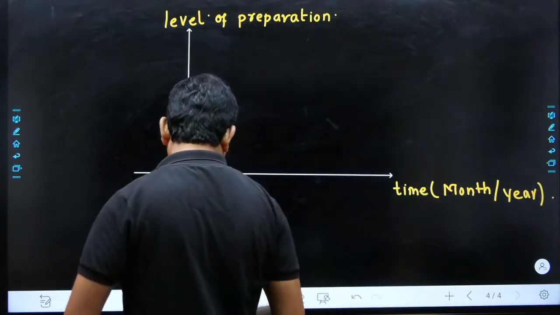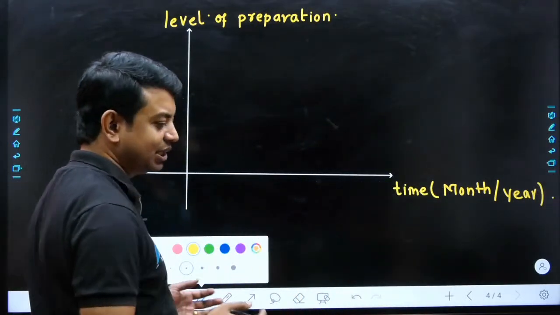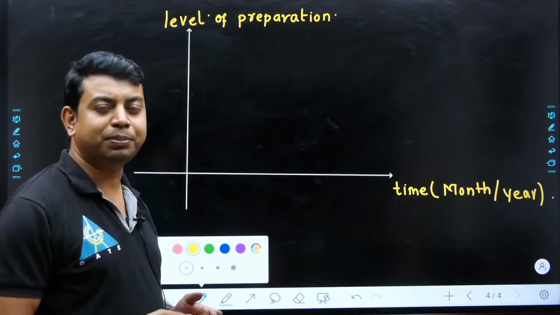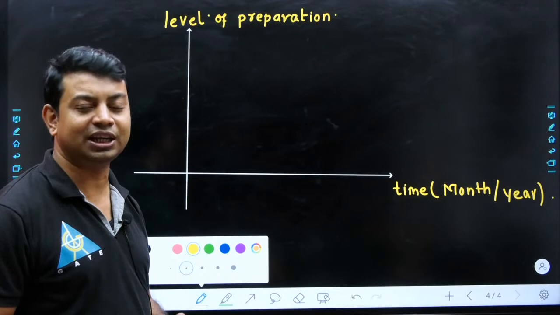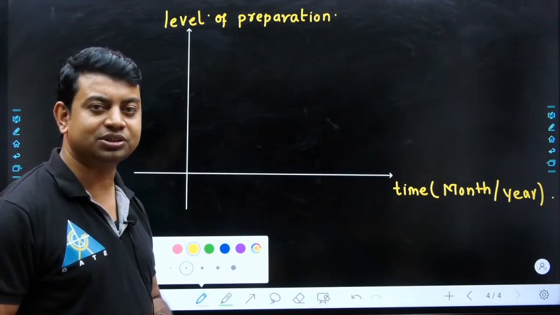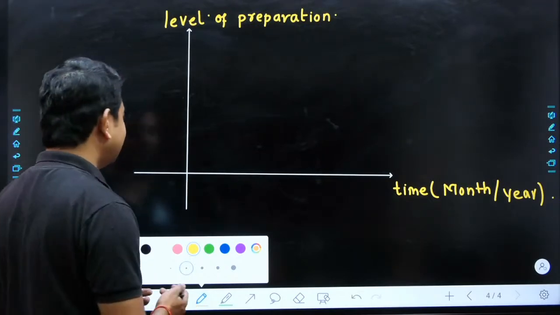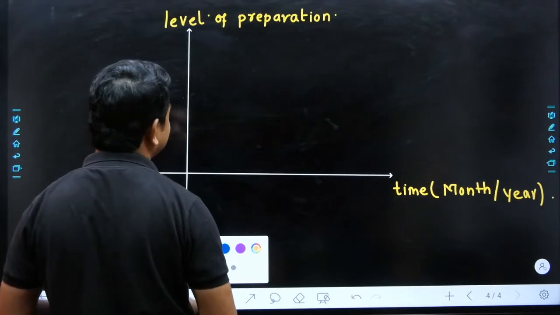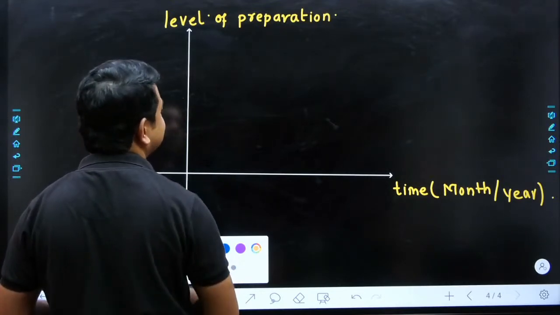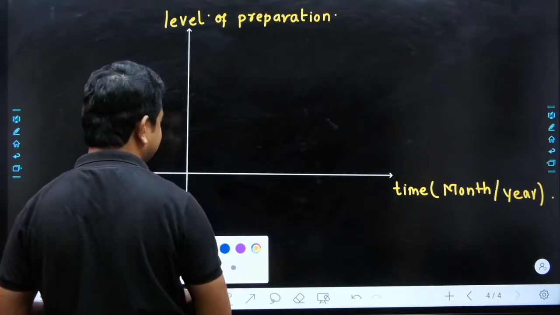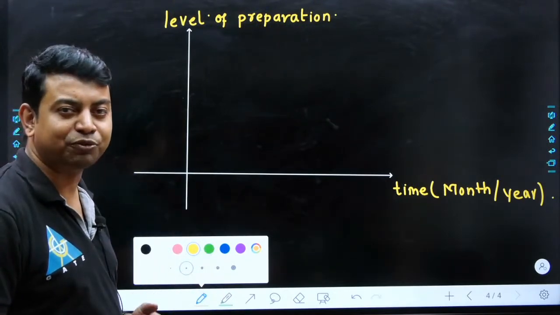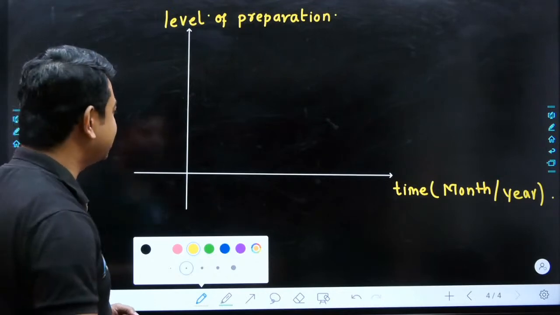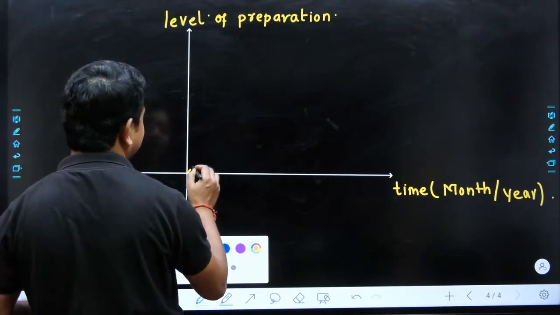Initially, either you are doing self study or preparing through other sources like YouTube videos or coaching center training. As the time goes, you are thinking that you are preparing in this way.